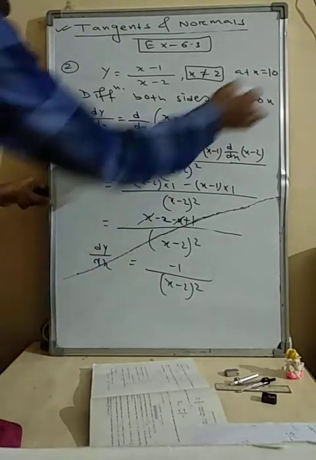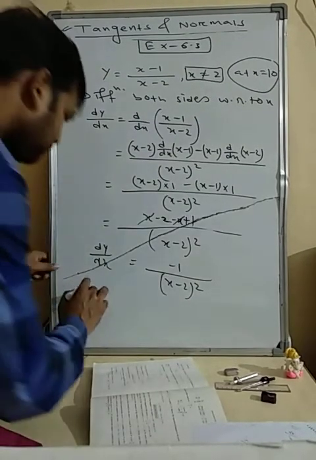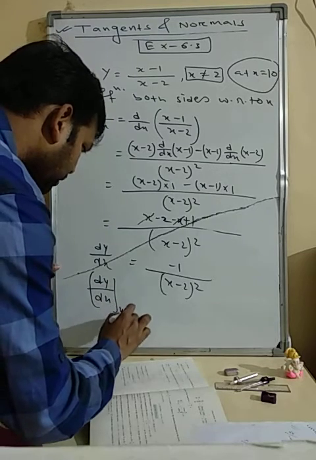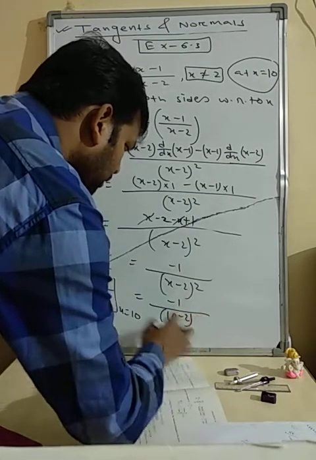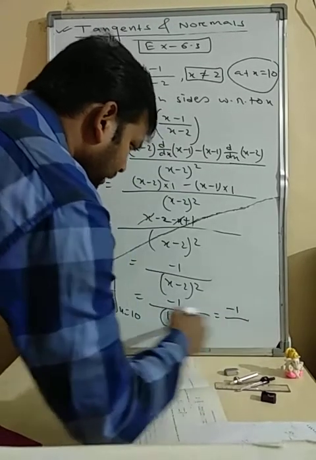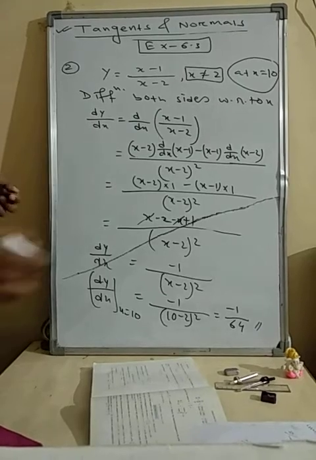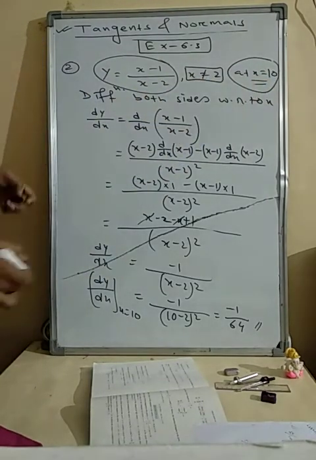Now it is given at x equal to what? 10. Particular point is given. So now write dy/dx when x equal to 10. So minus 1 by 10 minus 2 whole square. So minus 1 by 8 square, 64. So this is the slope of the tangent to this curve at the particular point x equal to 10.